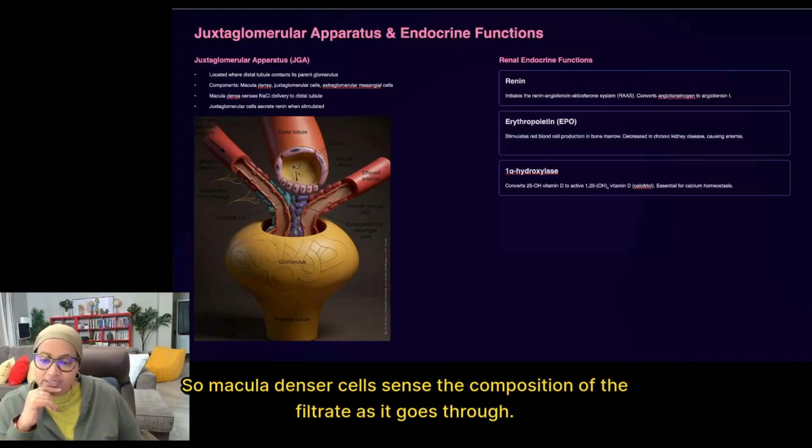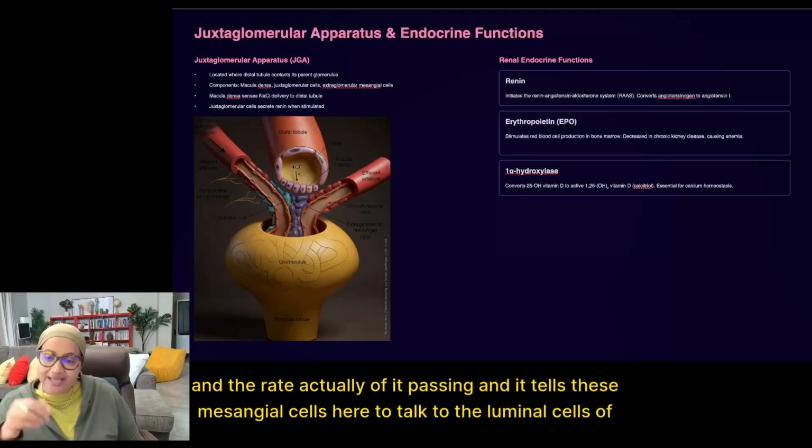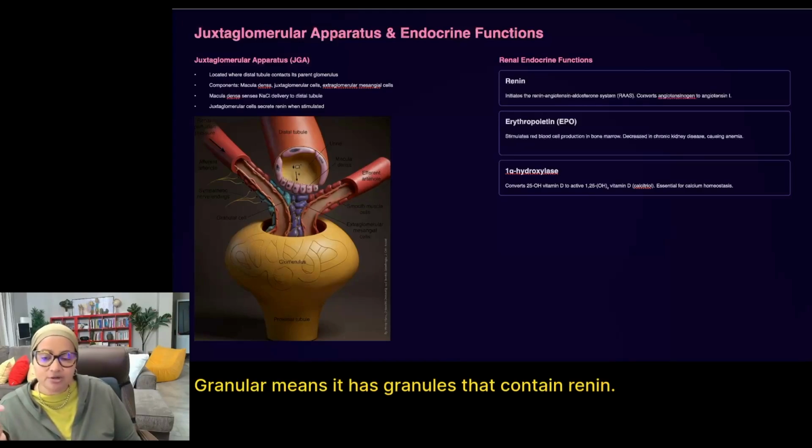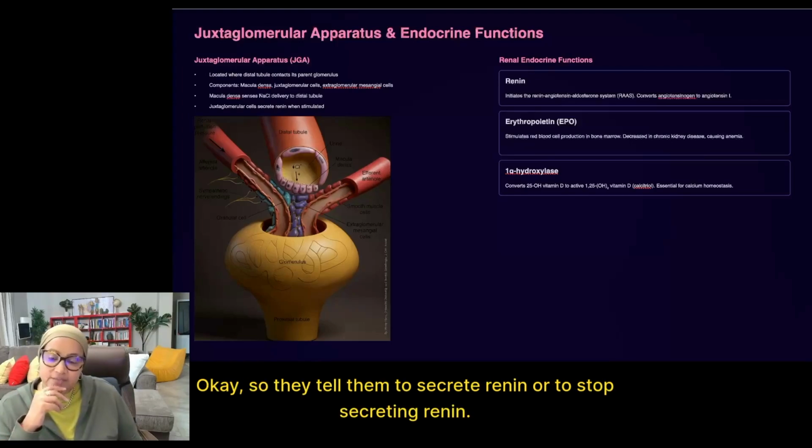So macula densa cells sense the composition of the filtrate as it goes through, and the rate of it passing, and it tells these mesangial cells to talk to the granular cells of the afferent and efferent arterioles and tell them to either increase renin production or stop. Granular means it has granules that contain renin. Okay, so they tell them to secrete renin or to stop secreting renin.